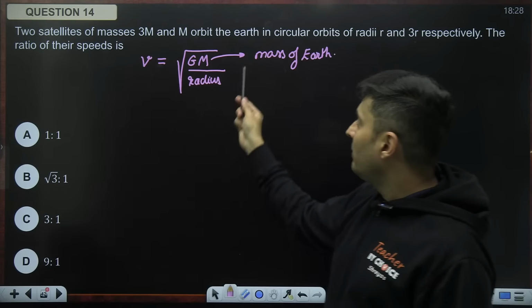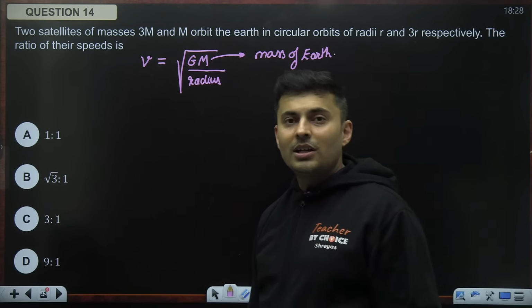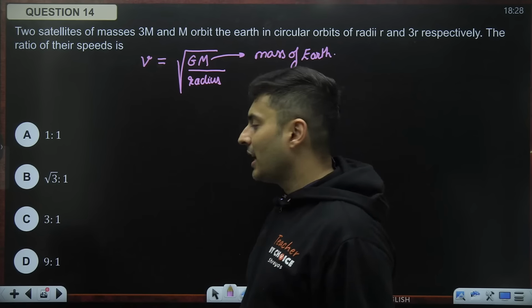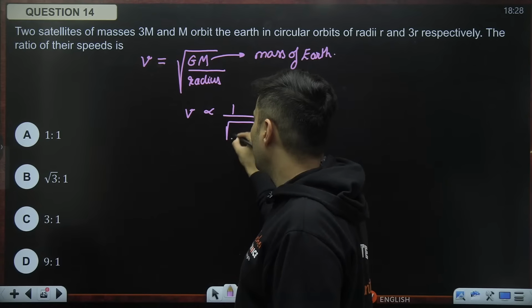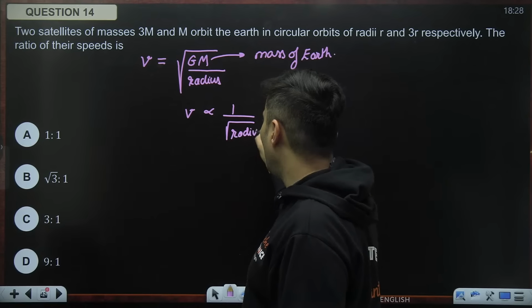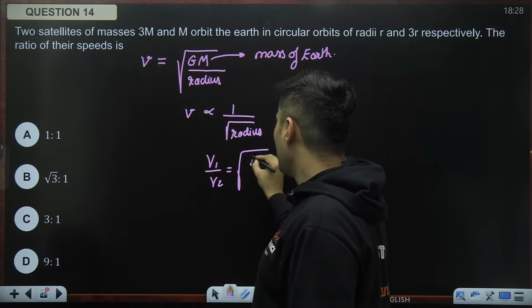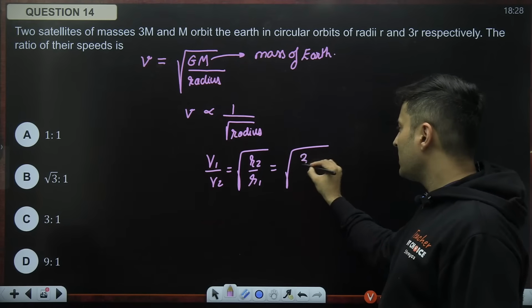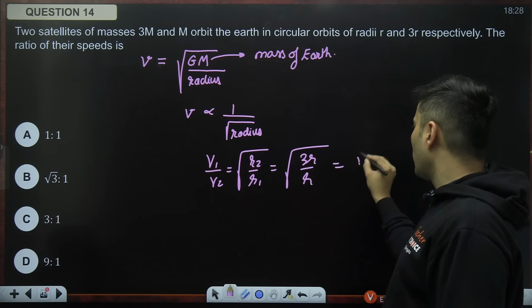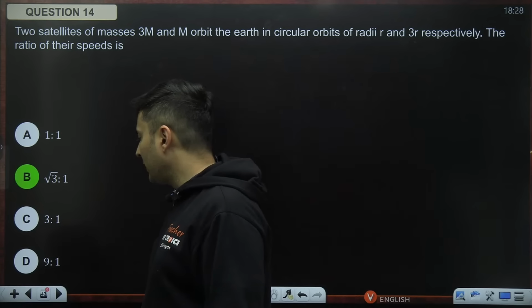A lot of people substitute the mass of the satellite. Wrong. In fact, the satellite's mass is irrelevant in the calculation. So velocity is inversely proportional to the root of the radius of the orbit. Therefore, v1 by v2 will be root of r2 by r1, and with radii r and 3r, that means 3r by r. So root 3 is to 1 is the answer, which is B again.